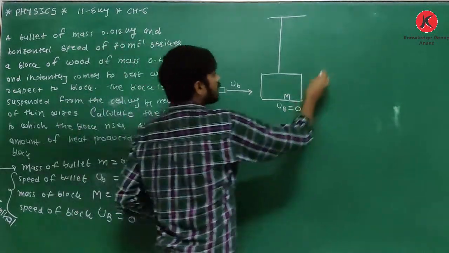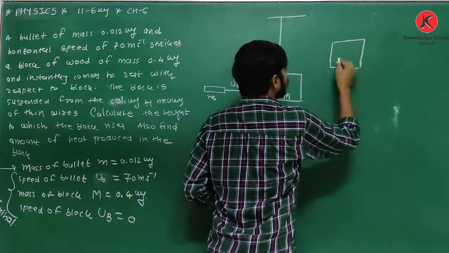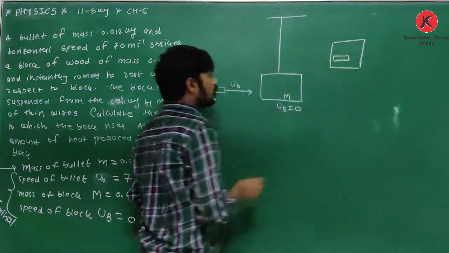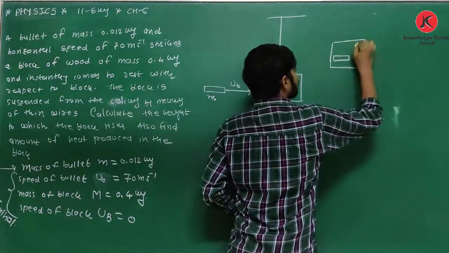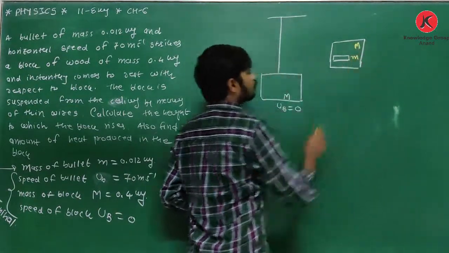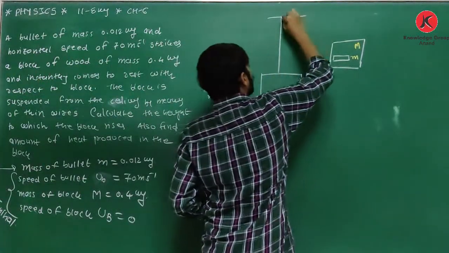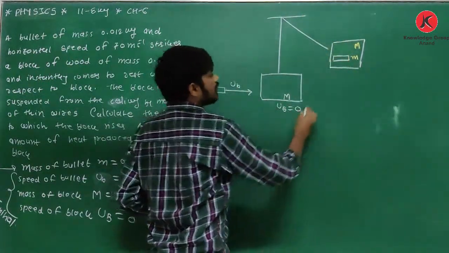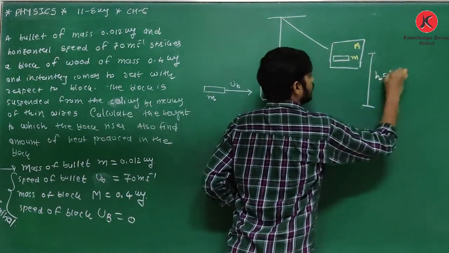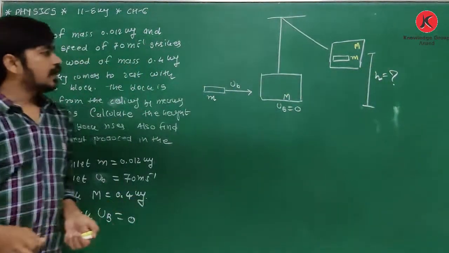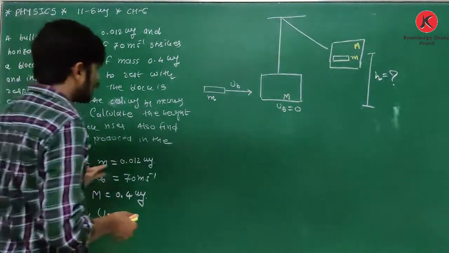For example, let the block with bullet, mass of block M and mass of bullet m, this whole system will move up to some height, and you have to find that height. Understand the question first of all.